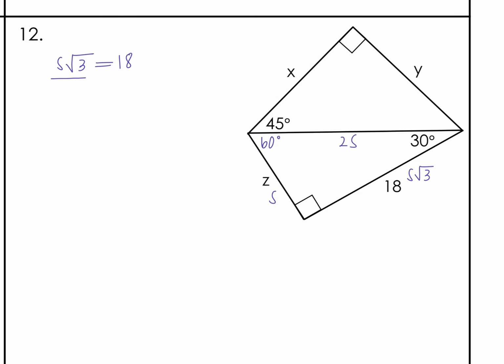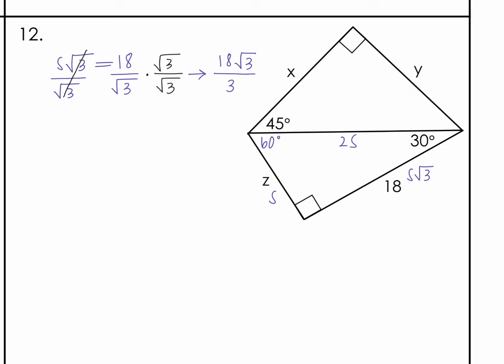I'm going to divide by that root 3. Okay, and so it's going to cancel out here. And on the other side, I will need to rationalize. Okay, and when we do that, we'll get 18 root 3 over 3.